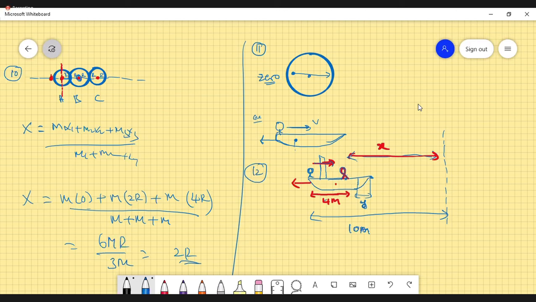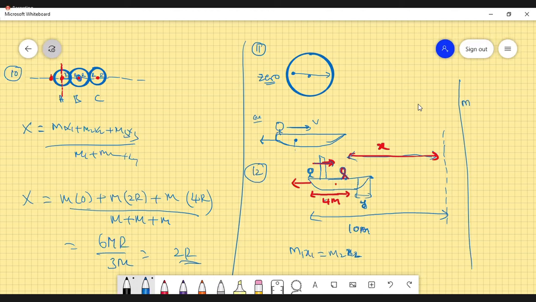Now, since the center of mass will be 0, and the dog and boat are both moving in opposite directions, we can write directly m1 x1 equals m2 x2. Let us consider m1 is the boat.